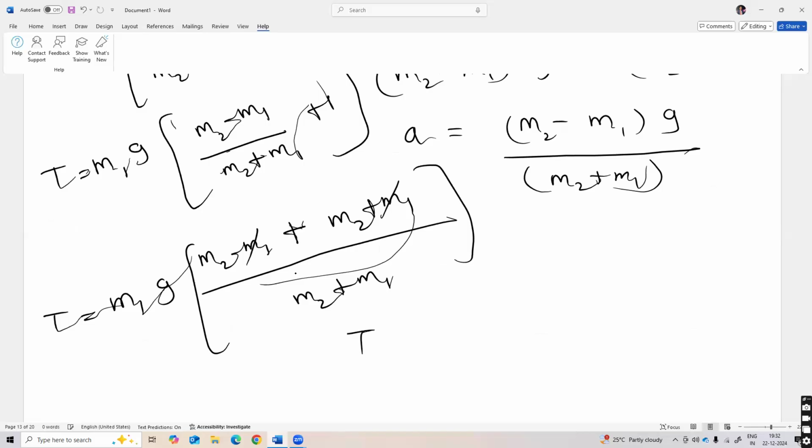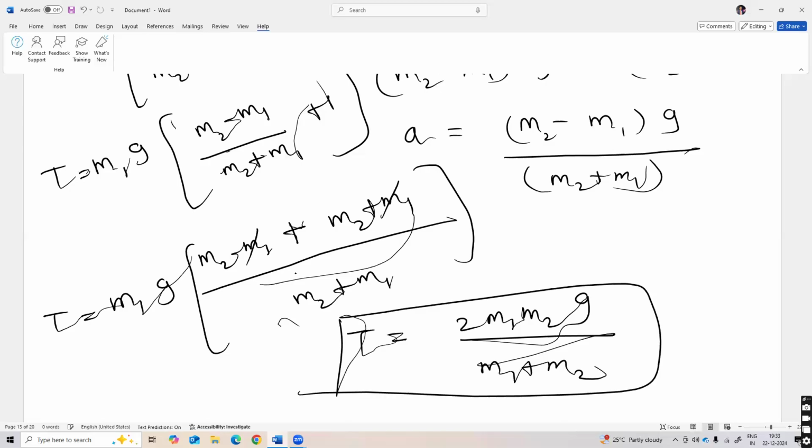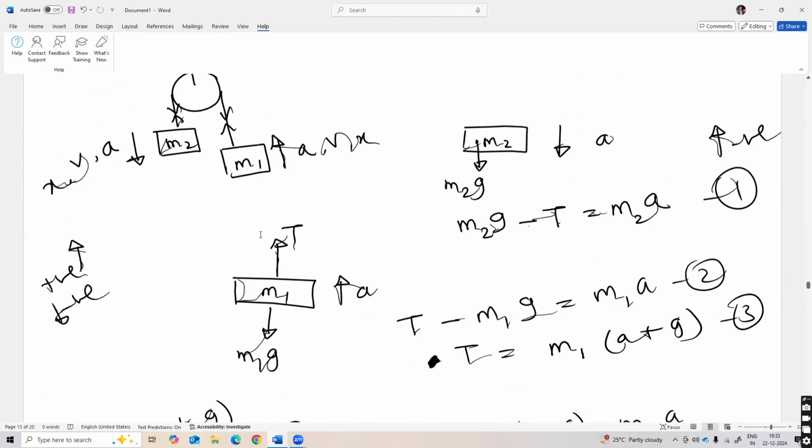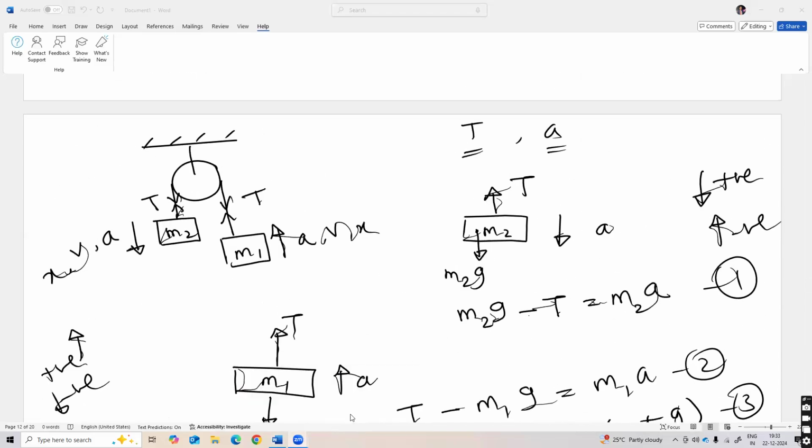So finally we got T is equal to, here we got 2M2, so 2 M1 M2 times G divided by M1 plus M2. You guys understood how we found out acceleration as well as tension in this case?